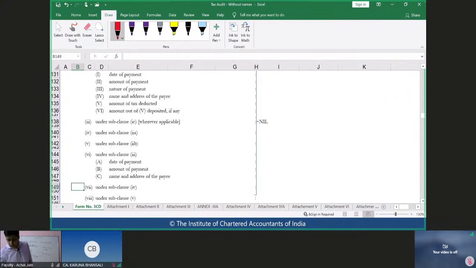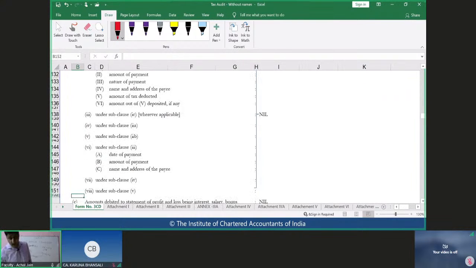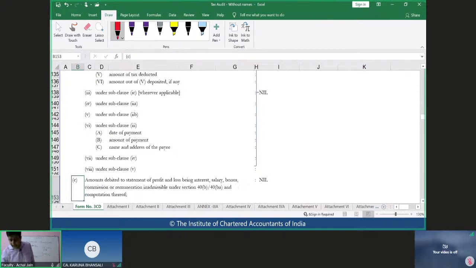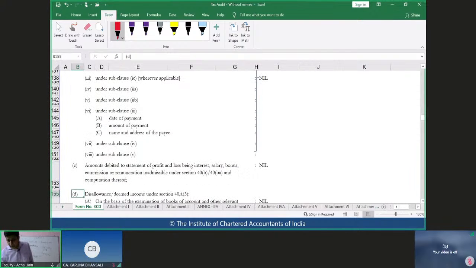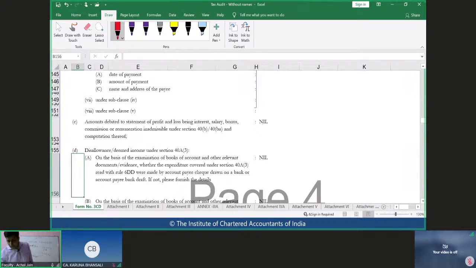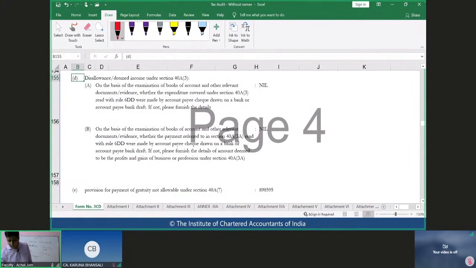Then under subclause IC, IIA, IIB, III, IV and V. Next, disallowance or deemed income under section 40A subsection 3.